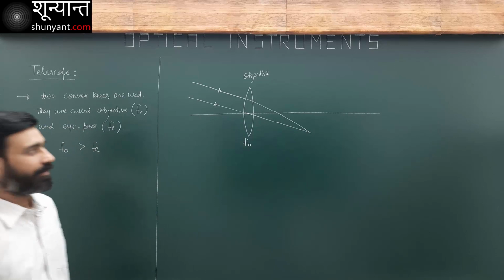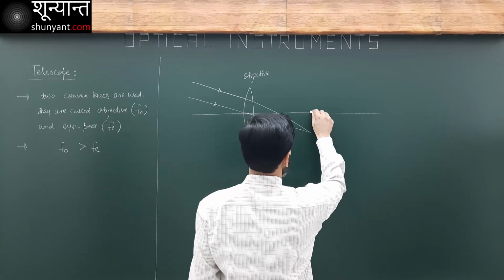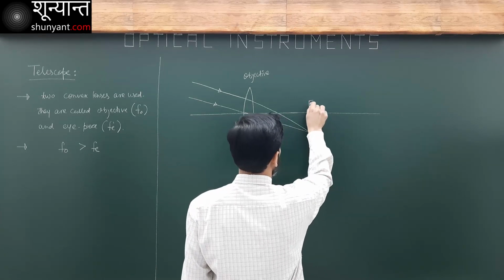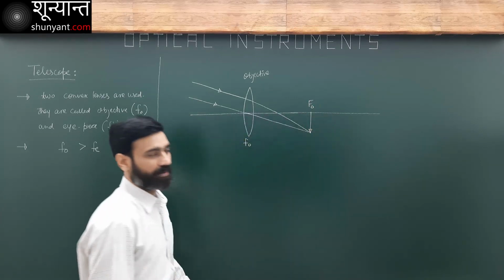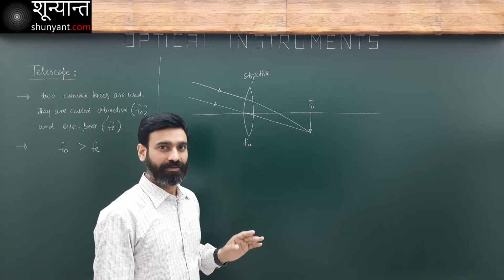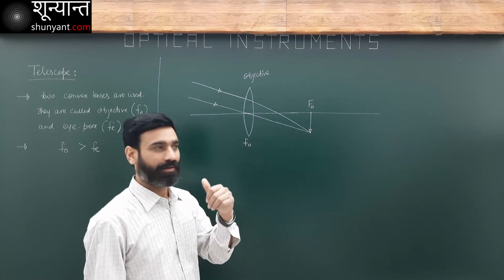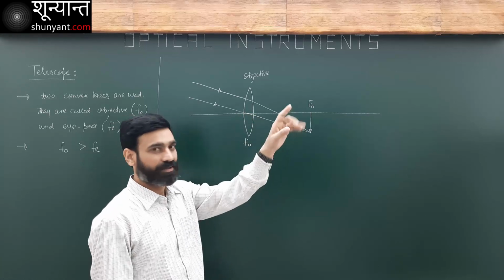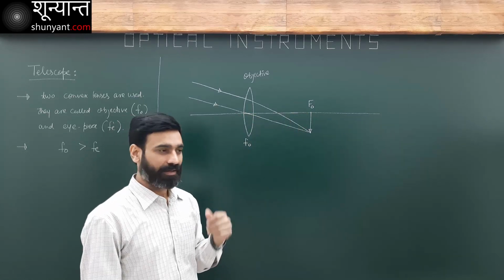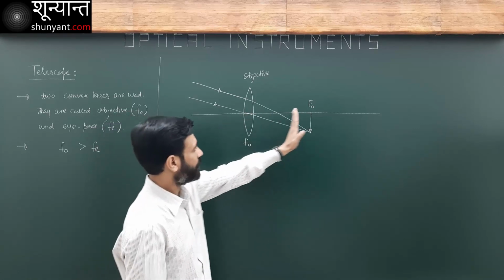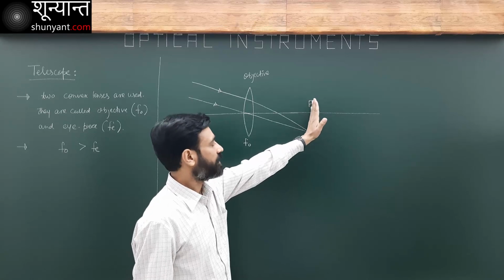This point is the focus of the objective. The image is always going to be at the focus. If I direct my telescope towards a distant object, like stars or very far off objects, this is my focal plane. The image is going to be here always.